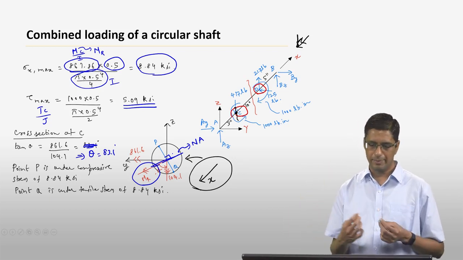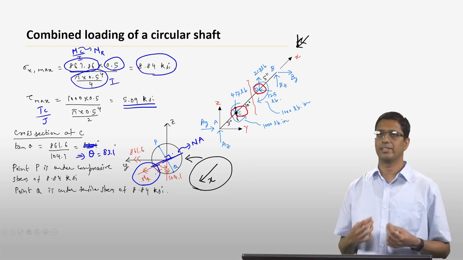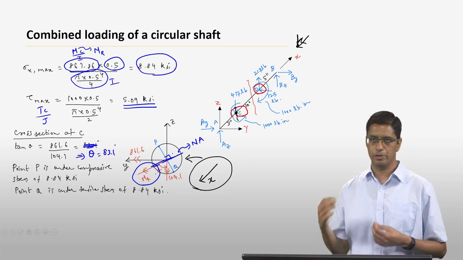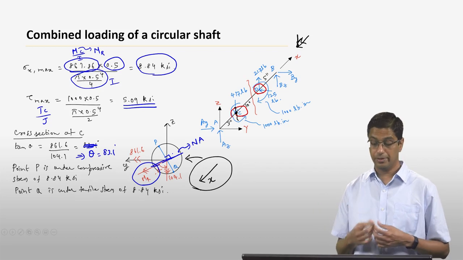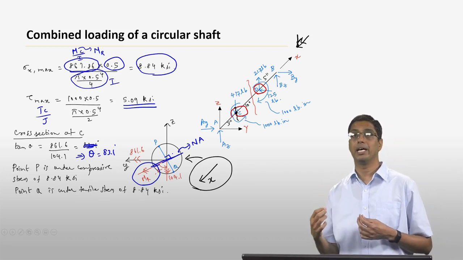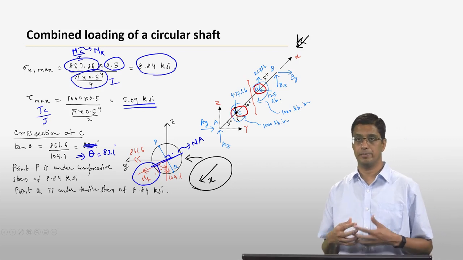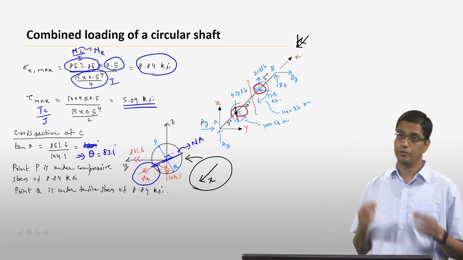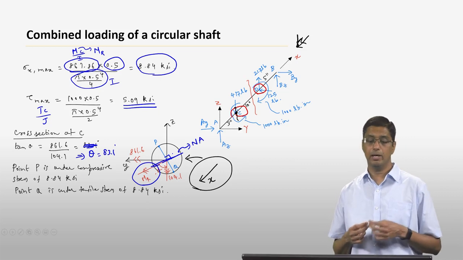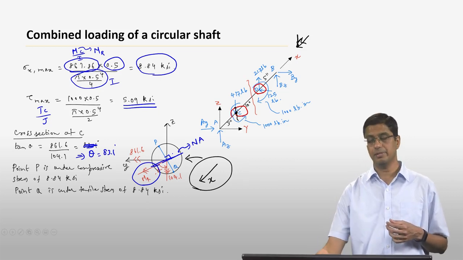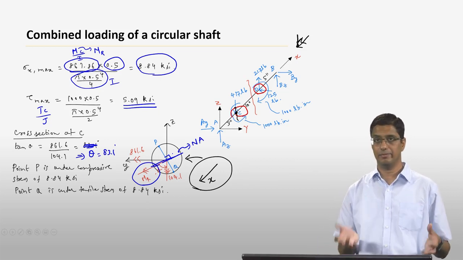So point P is going to have a stress of minus 8.84 kilopounds per square inch. The point Q is going to have a tensile bending stress of 8.84 kilopounds per square inch. And of course, both these points P and Q are going to have the maximum shear stress because they are both at the circumference.